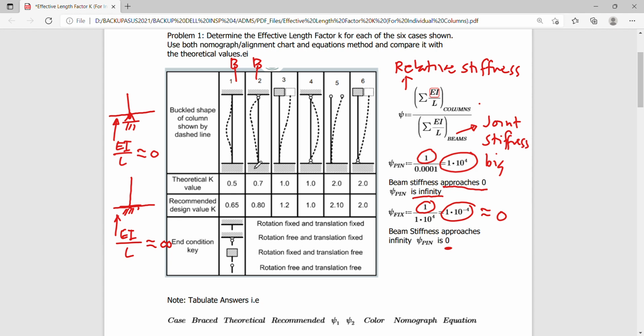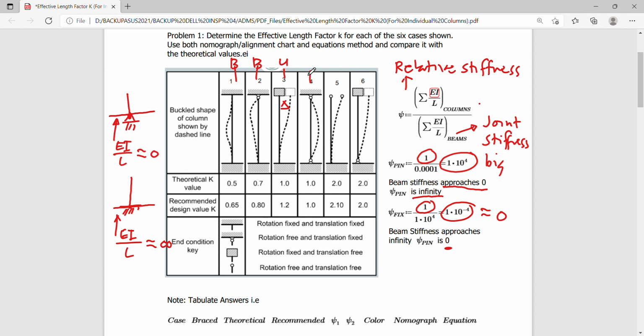at any of the joints, while case 3 is an unbraced frame, since at the top joint the column is allowed to translate laterally at a certain distance delta.